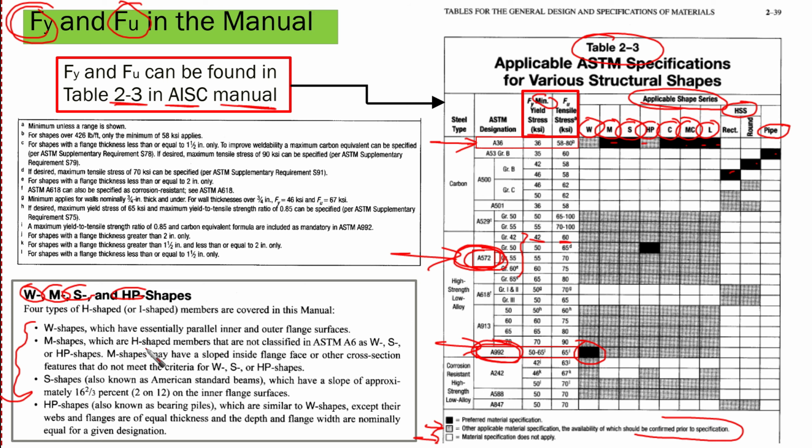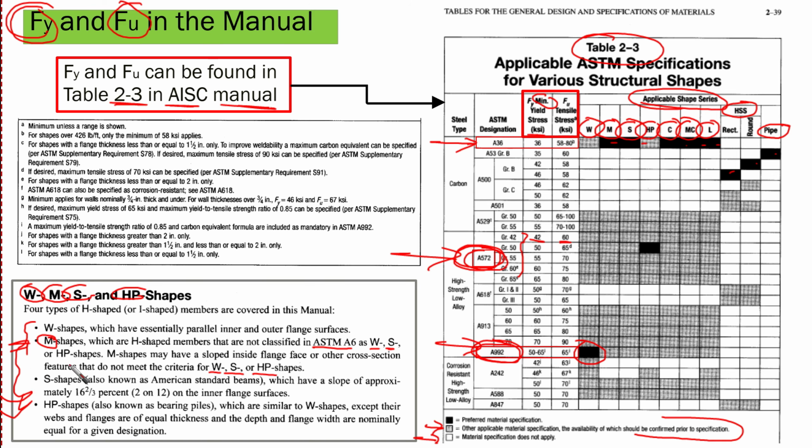M shapes are H-shape members that are not classified in ASTM A6 as W, S, or HP shapes. An M shape may have a sloped inside flange face or other cross-section features that do not meet the criteria for the wide flange, S, or HP shapes. So this is the meaning of M here. The others you can read in the manual.